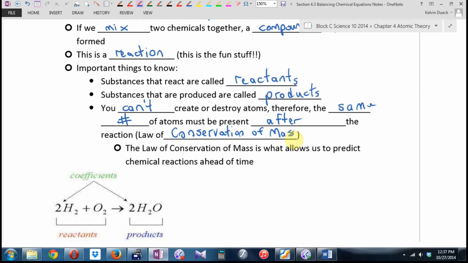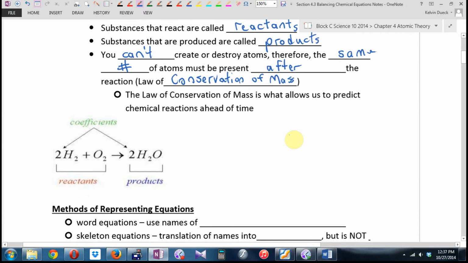If you have a fancy vacuum flask, and you have a really accurate scale and you do a chemical reaction, the mass before and the mass after will be identical. The law of conservation of mass, in fact, is what's going to allow us to predict chemical reactions ahead of time, because we know that everything on the left has to show up on the right.